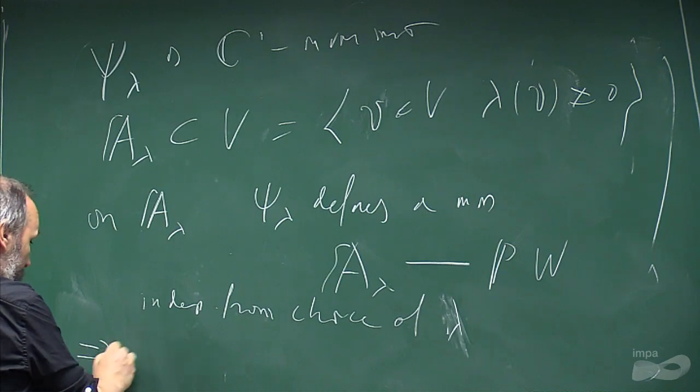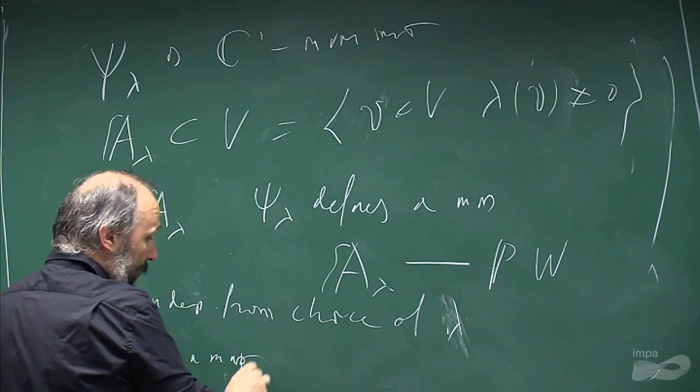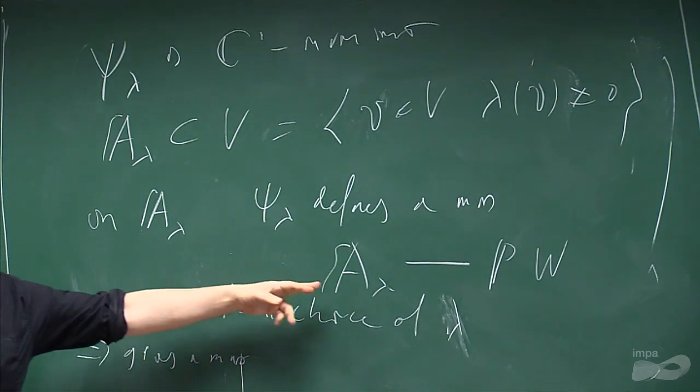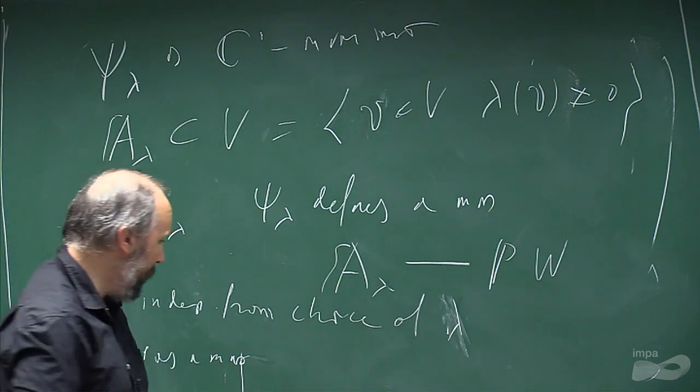So this gives a map, well defined now, because for each point, you pick a chart where it belongs, and you use this map.